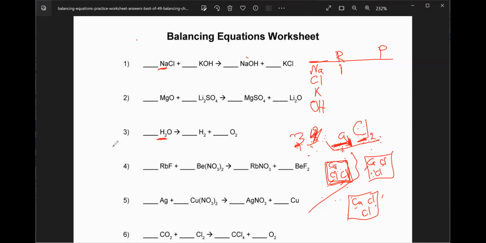Okay. How many atoms of nitrate? This is all together. Do you know? 6. Because it's still nitrate here and nitrate here. How many nitrate do I have? 3. No, 2.